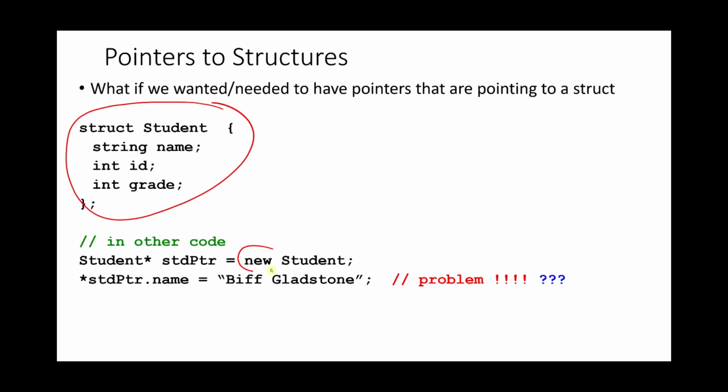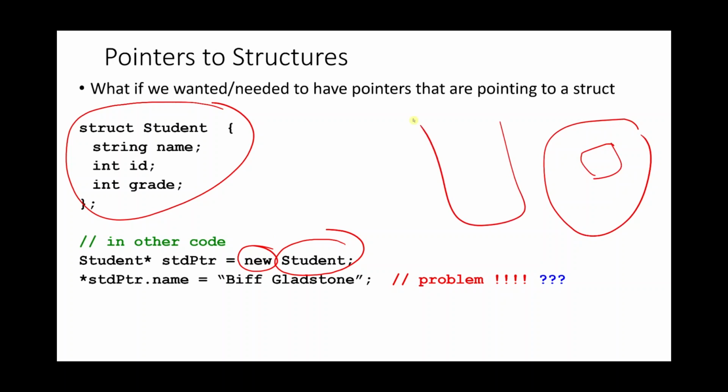So we are going to use the new, which is asking the operating system to store that student variable in the heap. And new student, now we are talking about the heap, something in here. And that is going to be returning an address. The address is going to be stored in the stack.